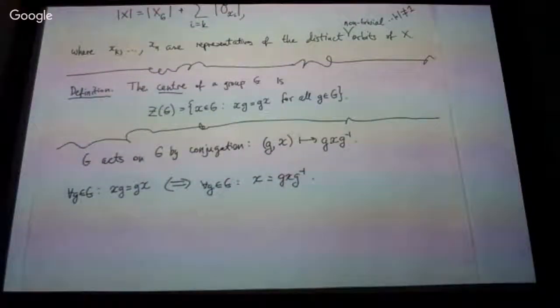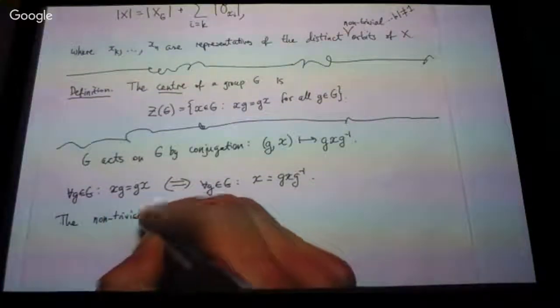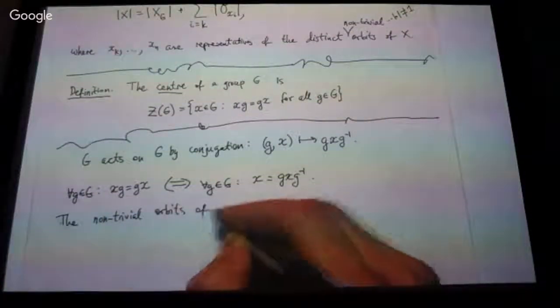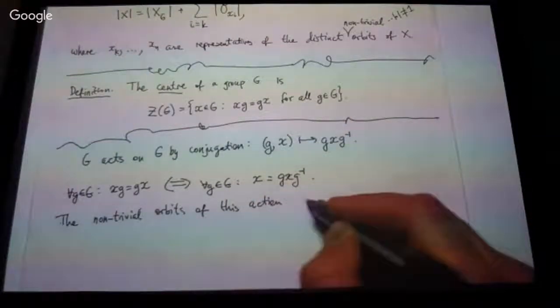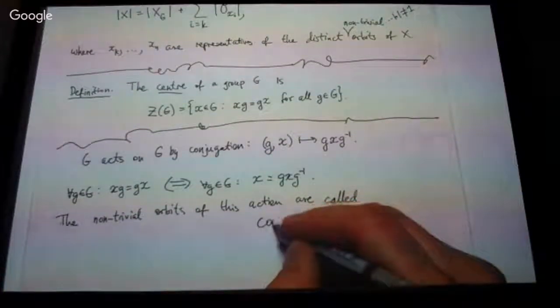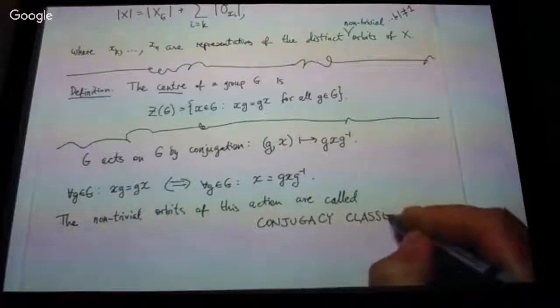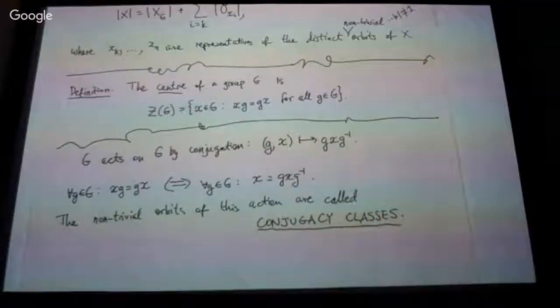And then we should say that the non-trivial orbits of this action are called conjugacy classes. Okay.